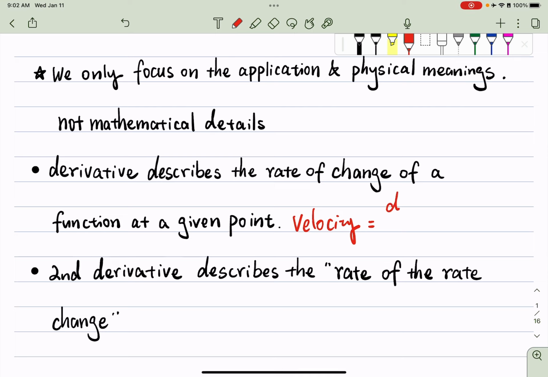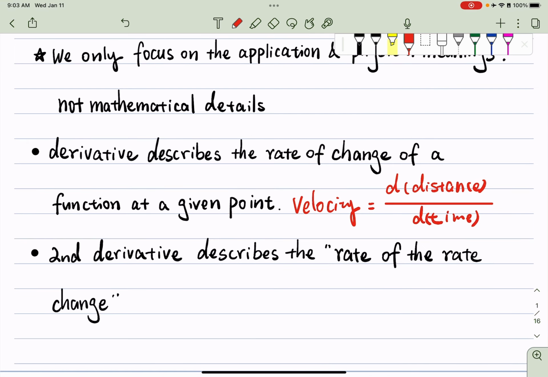We use little d to say that's a change in distance over change in time. So that's when we're talking about derivative. Our first derivative describes how fast a property changes with respect to a second dependence.